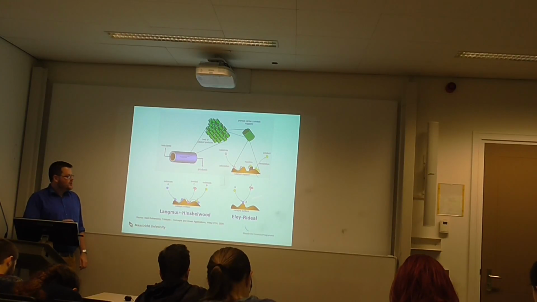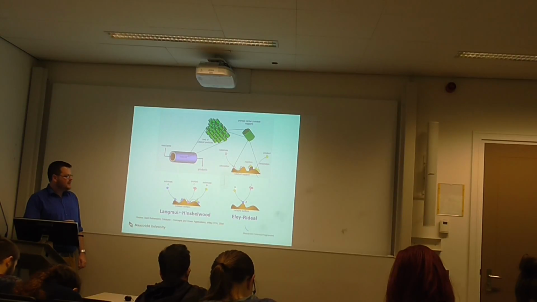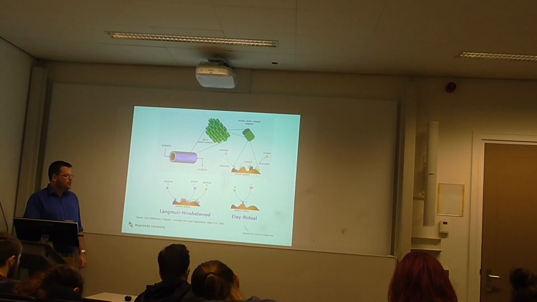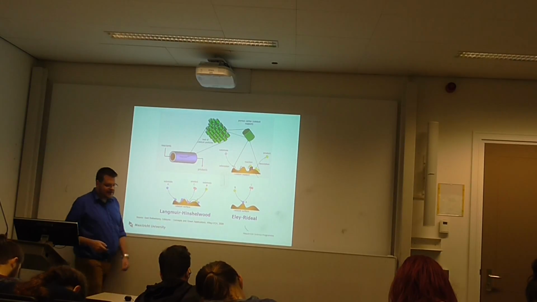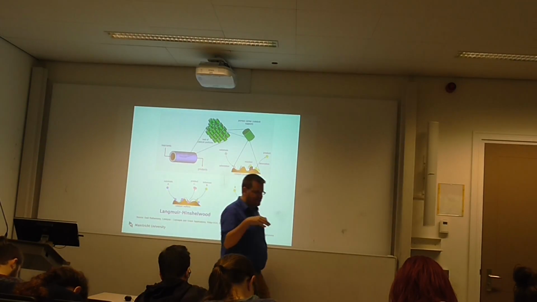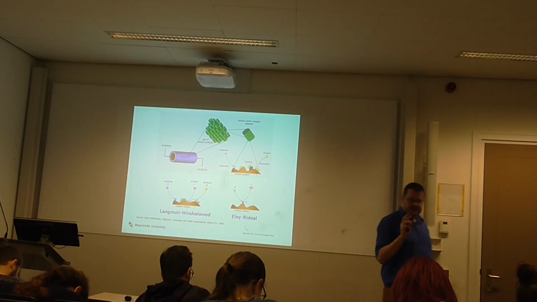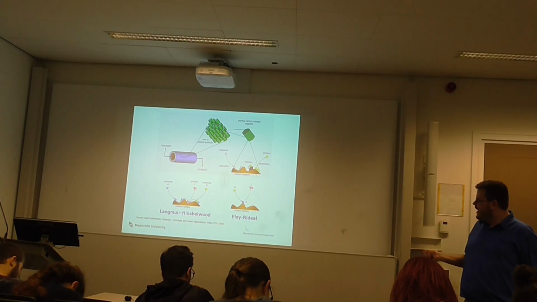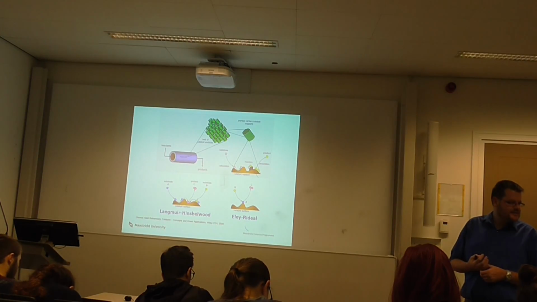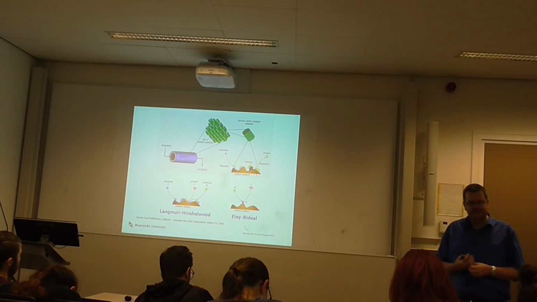In other words, you have activation of one of them, and the second one may interact weakly with the surface via physisorption, and basically that is enough to get the formation of the product. So those are the two key mechanisms to explain a heterogeneous catalyzed process. Any questions?